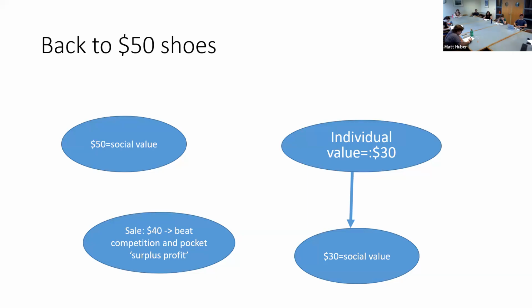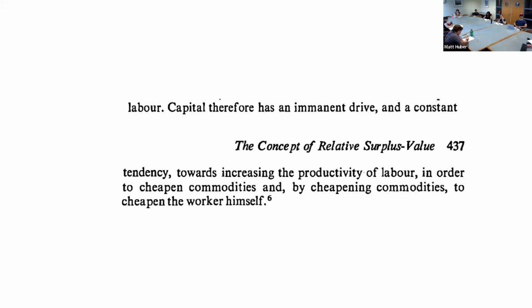Now, this theory also would posit that capitalists will cheapen things that don't go into the value of labor power. They're just going to cheapen everything. And it just so happens that the more you cheapen the stuff that reproduces labor power, the more you can actually extend the surplus value on a societal level.